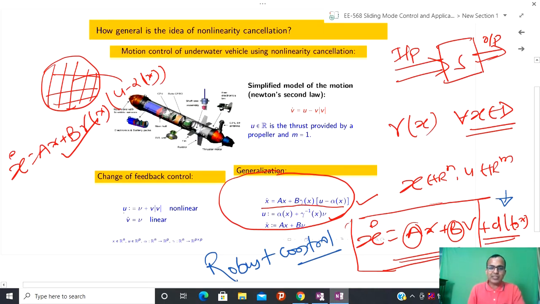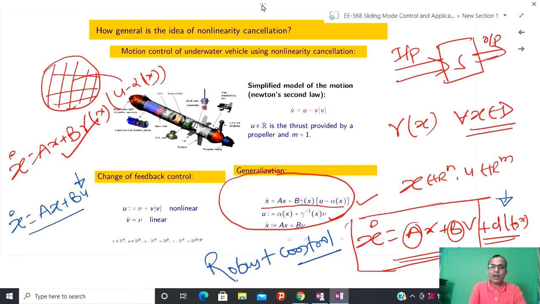Let us try to think like this. Suppose you have a system like this, x dot equals ax plus bu. Now you have to make a nonlinear system out of this linear system, such that you have one thing to control. You can only control u. If I have freedom to select u and everything else is fixed, then where can you make flexibility?